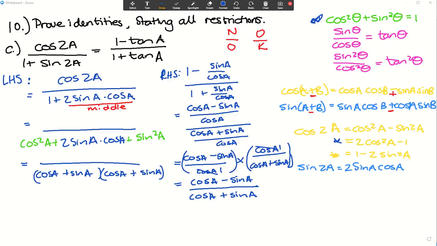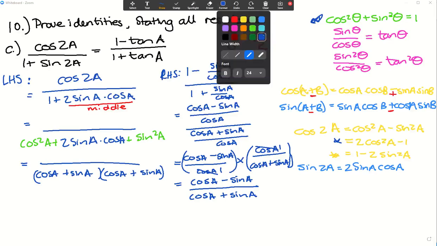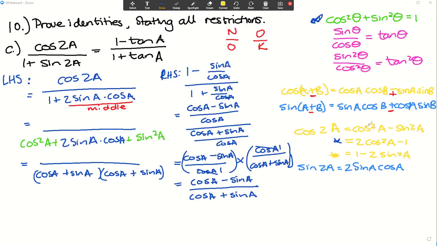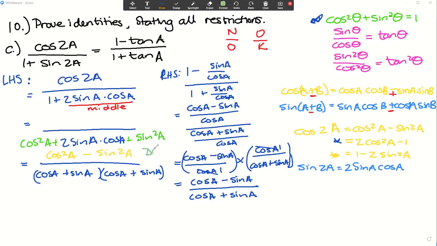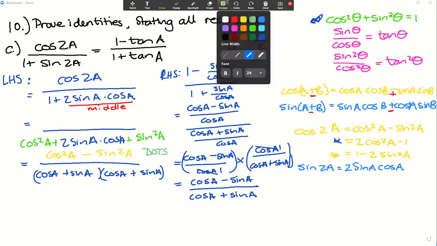Now I want to go do this cos 2A. And the way that I can do this cos 2A is I can change it to cos squared A minus sine squared A. And now at the top, I have something that we call a difference of two squares.